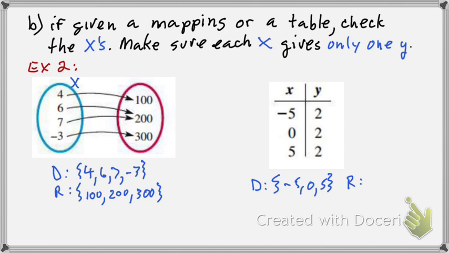Elijah. 2. That's it. Now, is that a function? Yes. Each x only gives me one y. It just so happens they're all the same y. So what would that look like if I graphed it? It would just be 3 dots horizontal on the graph.